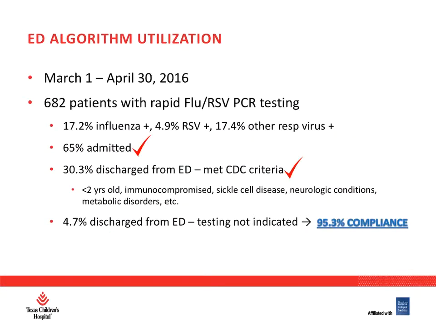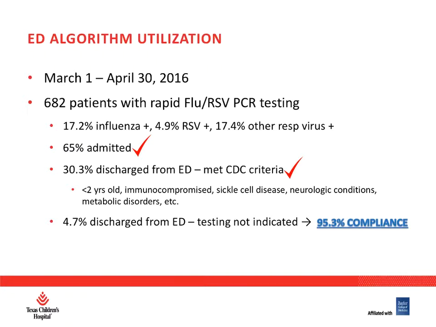And a couple years ago, we went back and did an audit for a couple of months on the ER to see if they were utilizing the rapid flu RSV PCR appropriately. So we looked at 2 months, March and April of 2016. Remember, that season, flu was kind of late for most of us. So that's actually when we saw most of our flu.